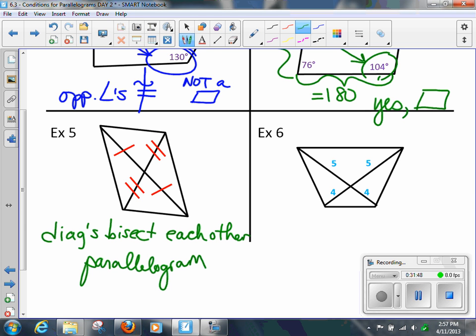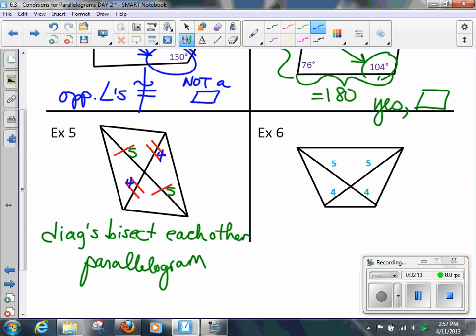But it's got 5 and 5, 4 and 4. But they're different pieces, aren't they? If the diagonals bisect, I want you to go back to this one. Then this one would have been 5, and this one would have been 5. The pieces that have 2 marks would have been 4 and 4. The 5 and 5 should be on the same diagonal.